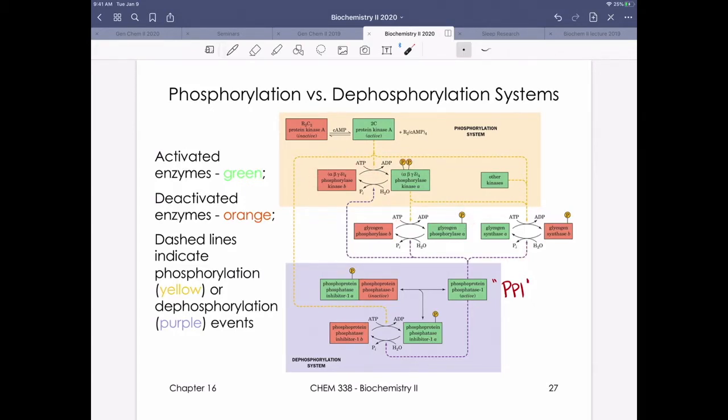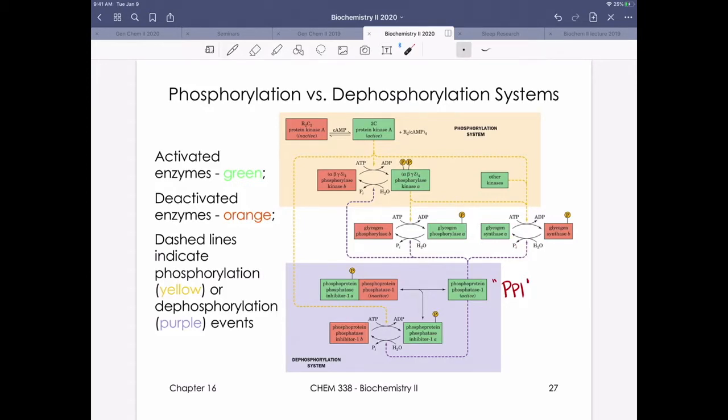Their dephospho state is inactive. If you've snipped a phosphate off of synthase, you actually make it active. So we've quieted the phosphorylation cascade, which means glycogen breakdown is not going to be happening, but we've activated the glycogen synthesis pathway by activating synthase.